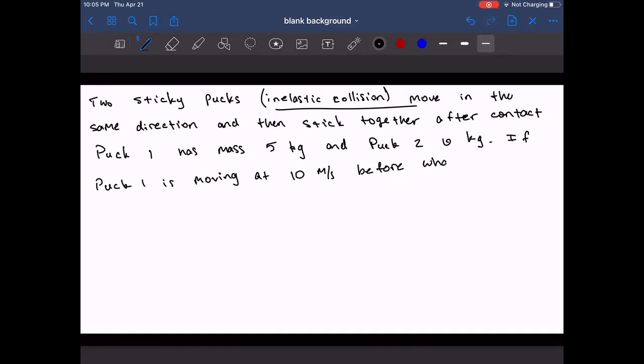So you see this, and you say inelastic collision.